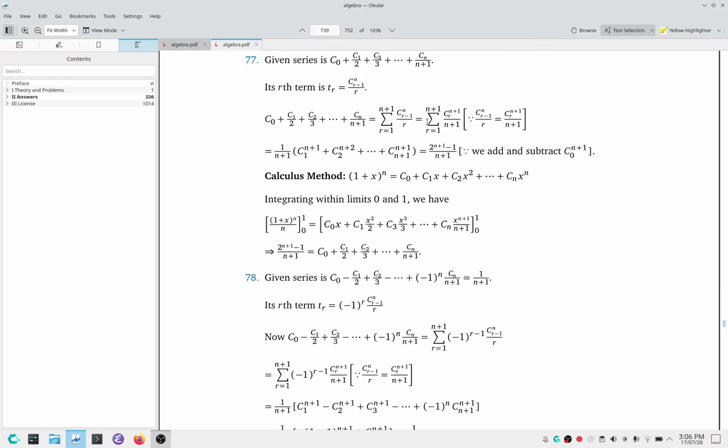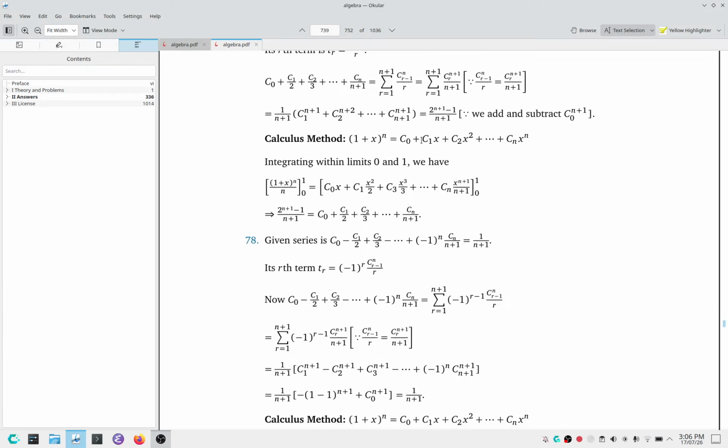We get sigma r is equal to 1 to n plus 1 of C(n+1, r) upon n plus 1, because C(n, r minus 1) upon r is equal to C(n+1, r) upon n plus 1. Now you need to add and subtract C(n+1, 0) on both sides, and then you will have the required sum.